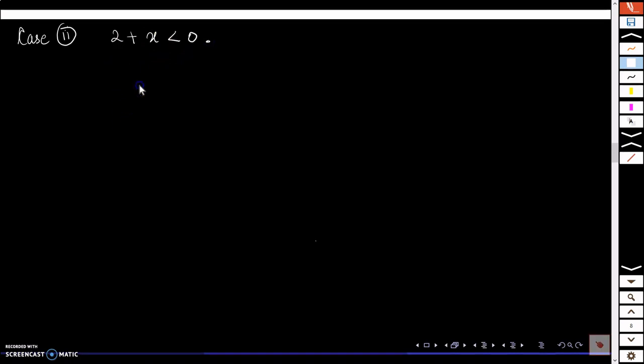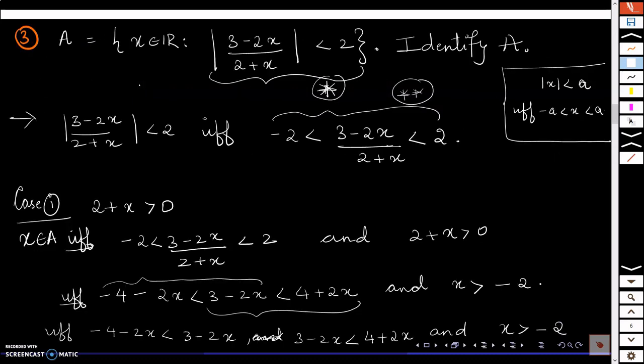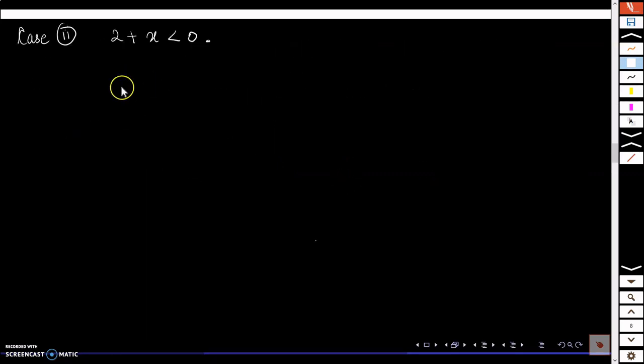So under this case, when 2 plus x is negative, x will be coming inside A if and only if it satisfies this condition, right? So (3 minus 2x) upon (2 plus x). So x will come in A if and only if minus 2 is less than (3 minus 2x) upon (2 plus x), and that is strictly less than 2.